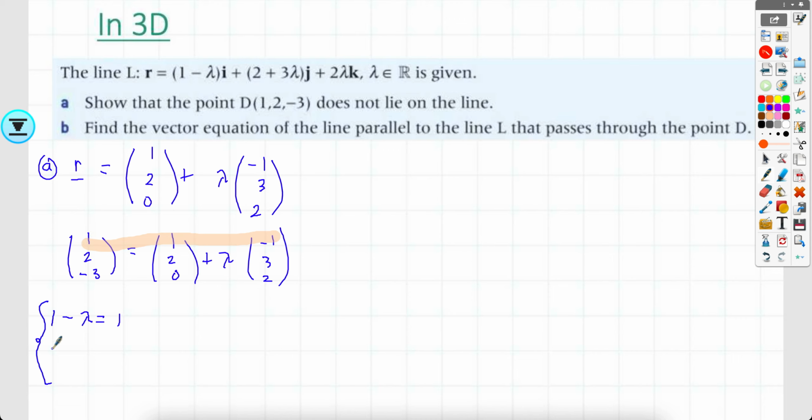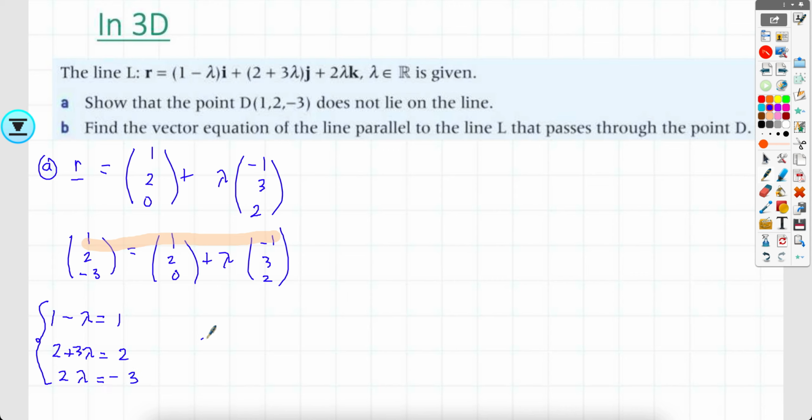And also, I should get 2 plus lambda, giving me a 2. So 2 plus 3 lambda should give me a 2. And then 0 plus 2 lambda, so 2 lambda should give me a -3.